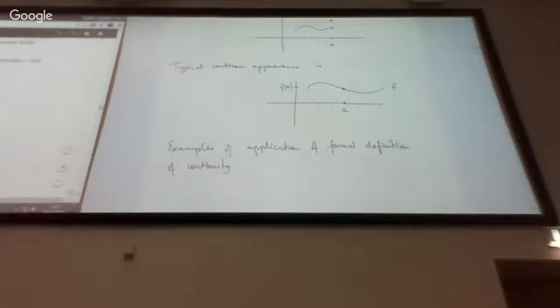This inequality means that the point f of x lies somewhere in this interval on the y-axis around the point f of a.